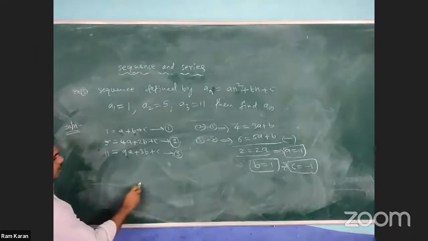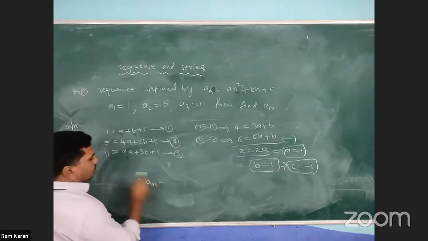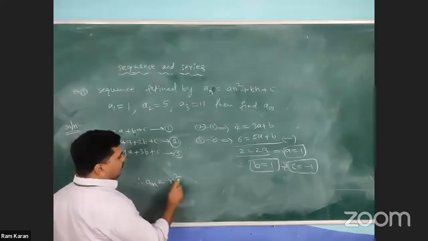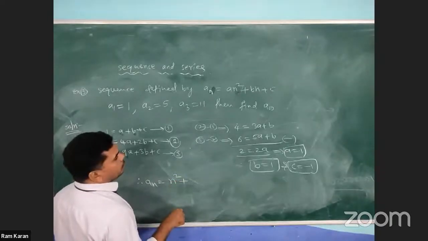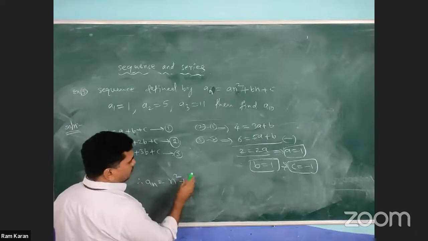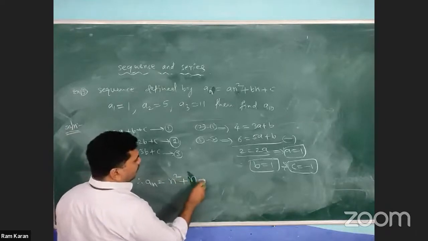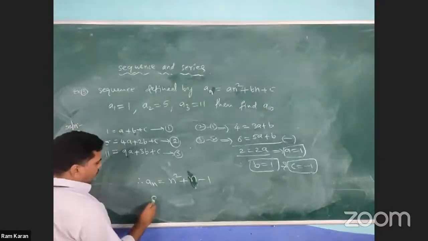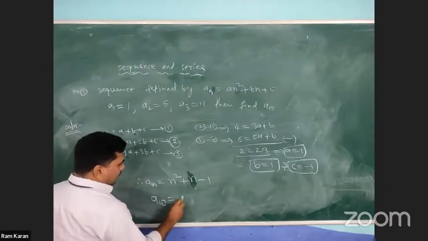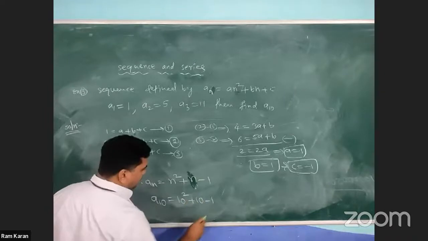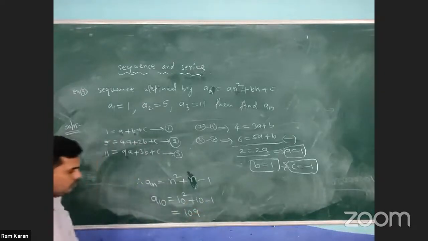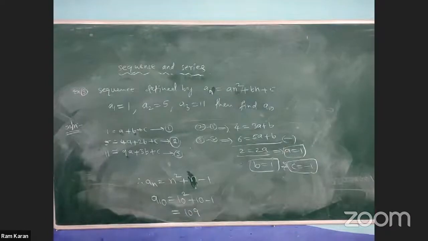So finally an is equal to 1 into n square plus 1 into n plus minus 1. This is an. Then a10 is asked: 10 square plus 10, minus 1, which is 109.